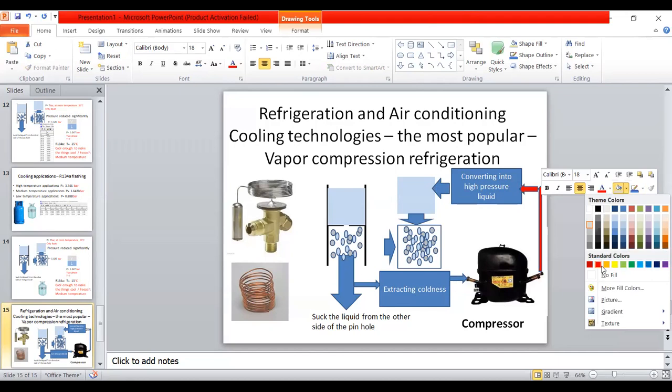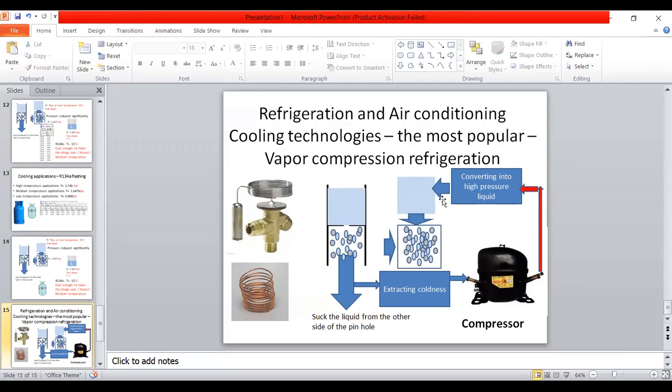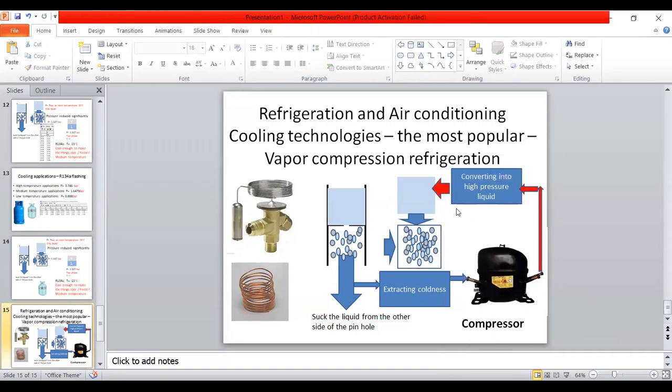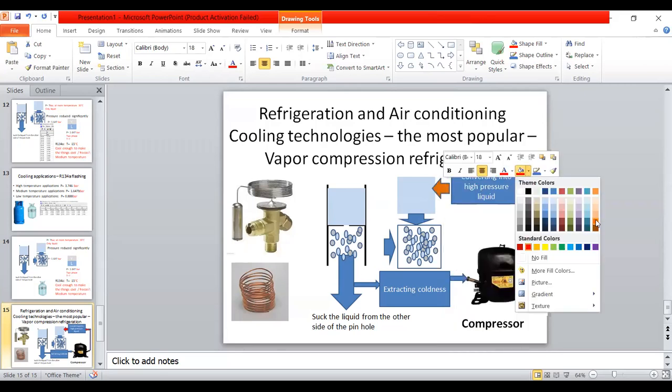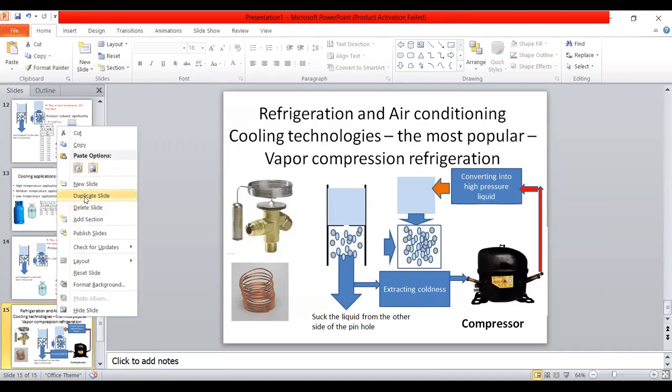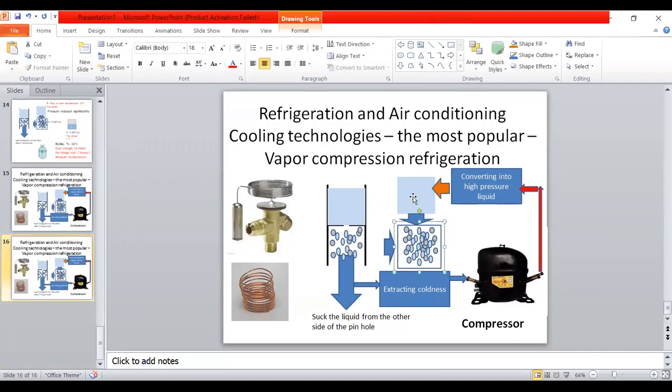Good. This is also high pressure, but still warmer temperatures. And finally, this is liquid, all comes, gets flashed. So let me do one thing. I take this out, all out. Connect this to this.